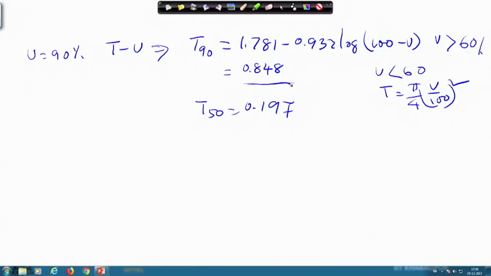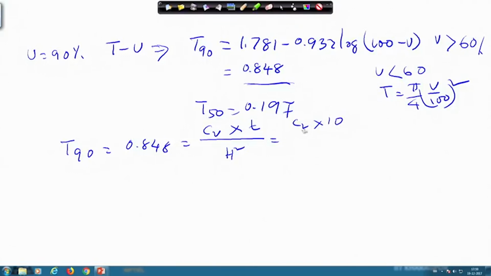Since I know T 90, which is equal to 0.848, which will be equal to C V, the coefficient of consolidation of the soil, into time, which is 10 minutes here, divided by H square. So, here C V into 10, and H here will be how much?